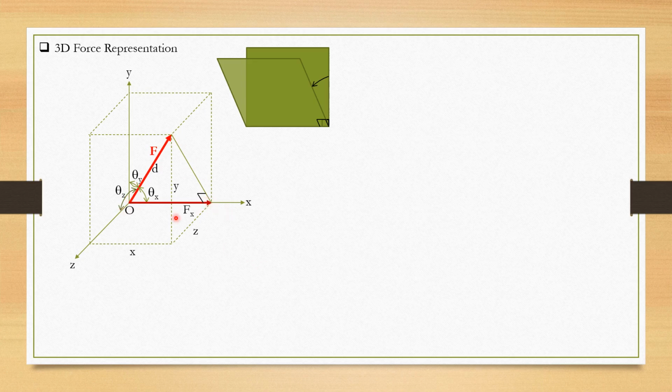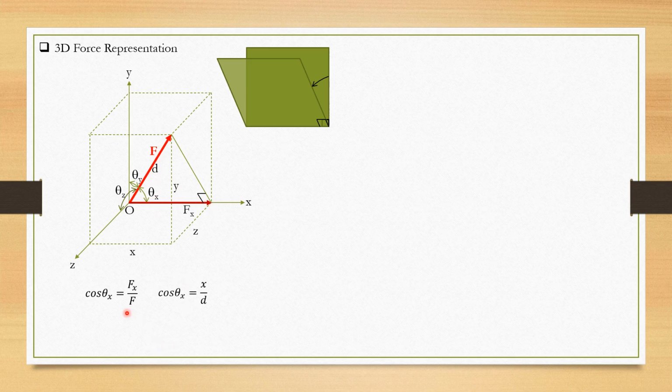So we can now define cosine of theta x, which is the adjacent side Fx divided by F. And in terms of the dimensions, it is equal to x over d. So cosine theta x is Fx over F, and cosine theta x in terms of the dimensions would be x over d.